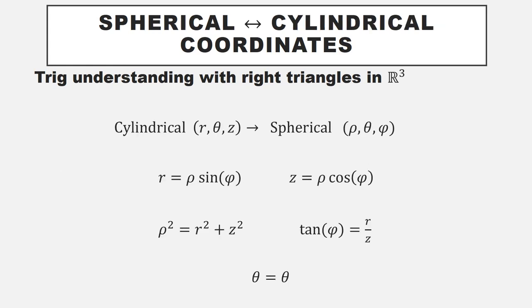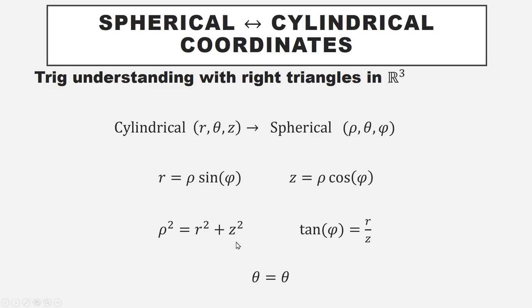Now, what about going back and forth between cylindrical and spherical points? Well, theta is the same in both. So theta in the cylindrical and theta in the spherical are exactly the same. And then the R value in cylindrical is actually rho times sine phi. The Z value in cylindrical is rho times cosine of phi. Rho squared is equal to R squared plus Z squared.